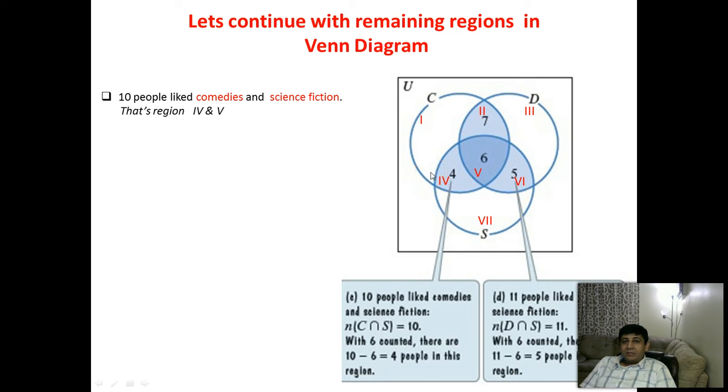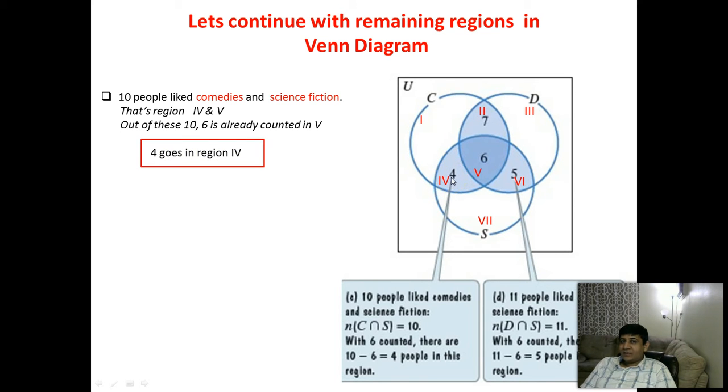The intersection represents the people who liked both, which is regions 4 and 5. Out of these 10, 6 is already counted in the innermost region, so the remaining 4 will go in region 4.